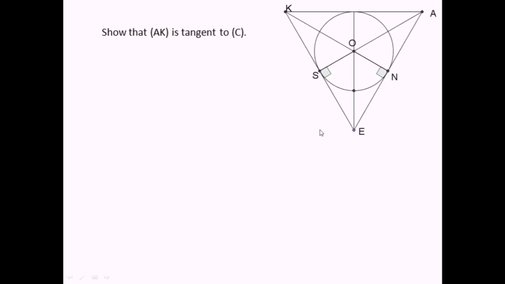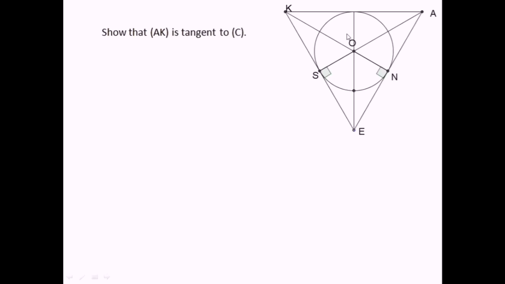And what is the center that gives me an inscribed circle inside the triangle? It is the incenter, which is the point of intersection of the three bisectors. So if we can prove that O is the incenter, then we can say that this circle is inscribed in this triangle.